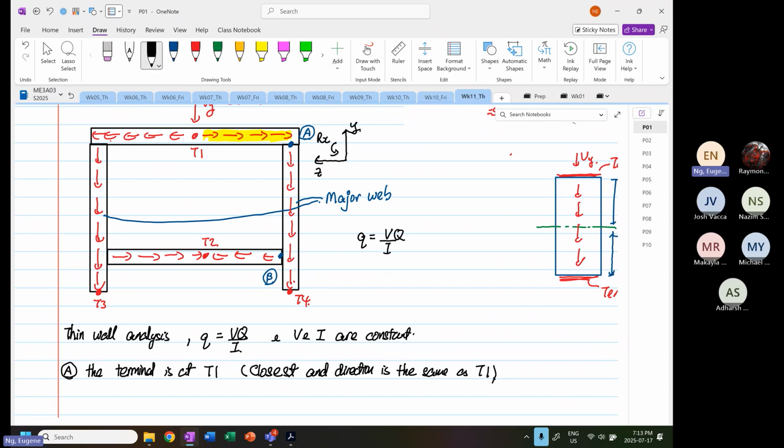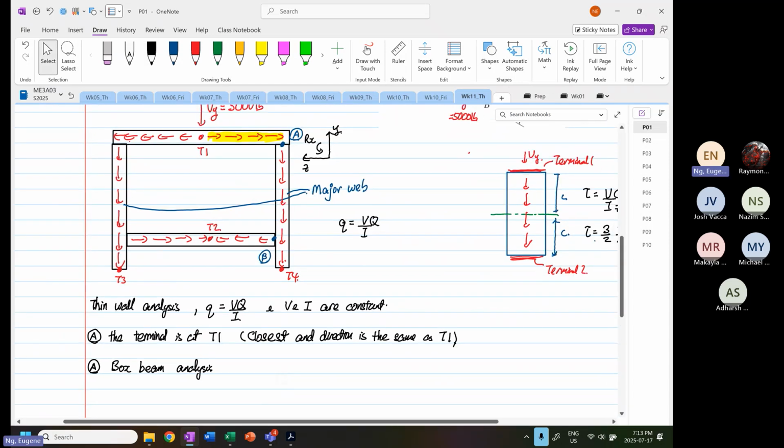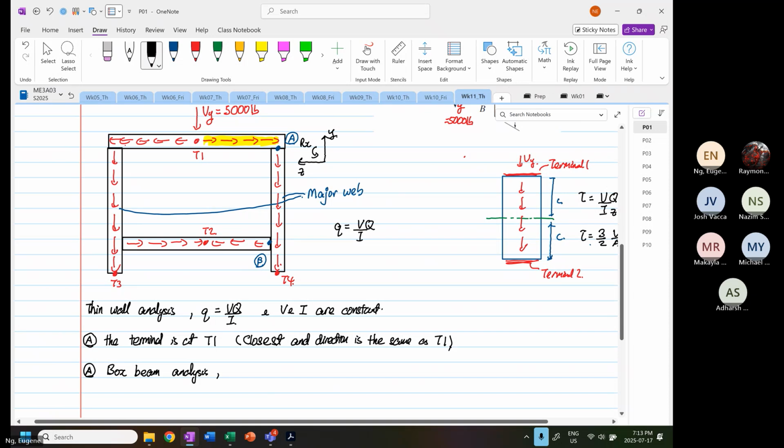So we also know at point A we have to apply a box beam analysis. This is because we have one terminal and two arrows.